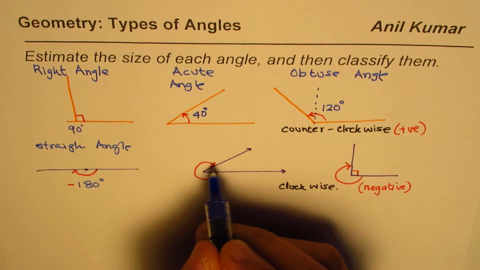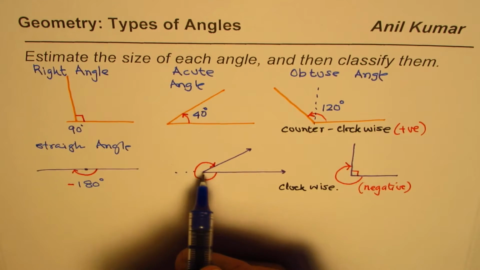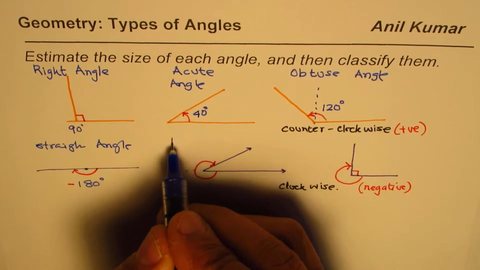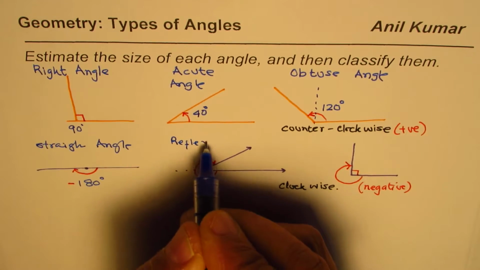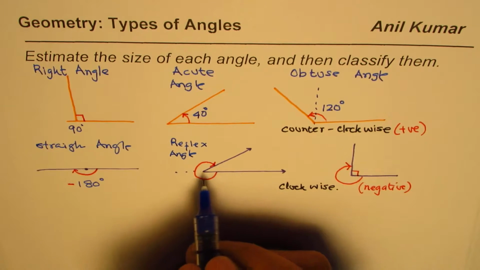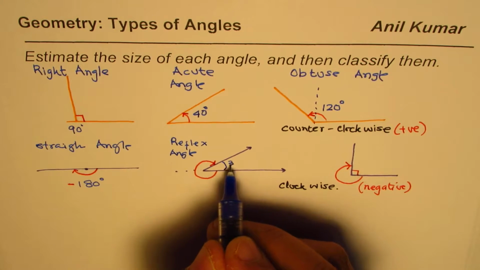We are seeing that big angle. Now this big angle definitely is more than 180 degrees, right? That is 180 straight line. So this will be called a reflex angle. Correct? What do you think is the measurement of this? Now this is 360 minus that. So let us assume this to be 30 degrees.